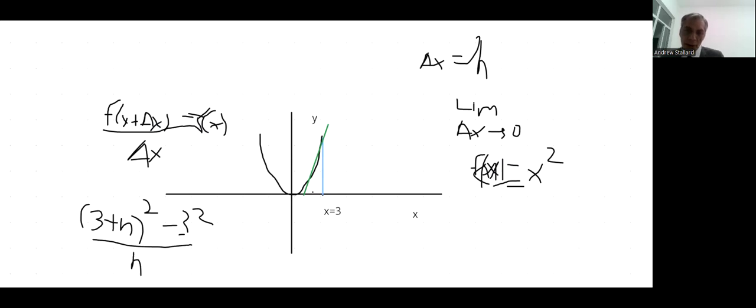So this is a binomial: 3 squared, which is 9, plus 2 times 3 times h, which is 6h, plus h squared, minus 9, all over h.